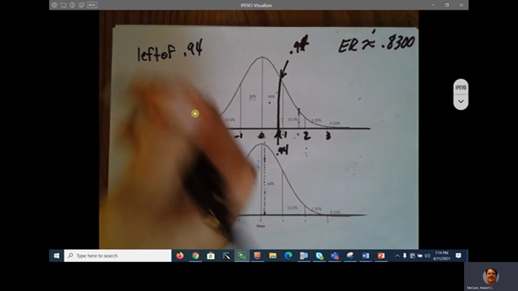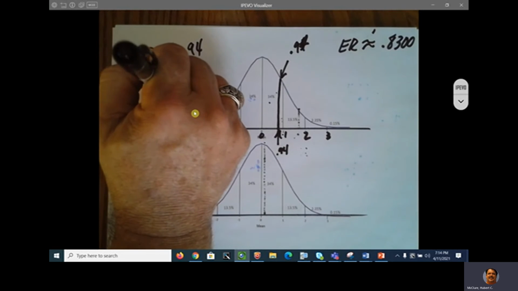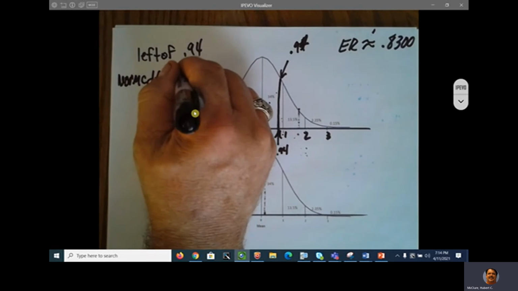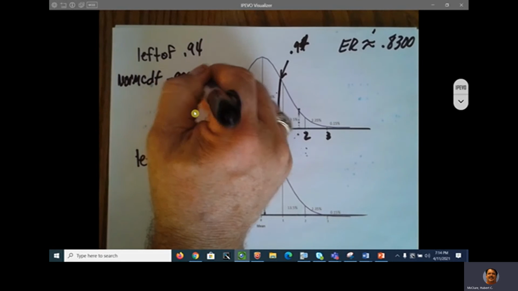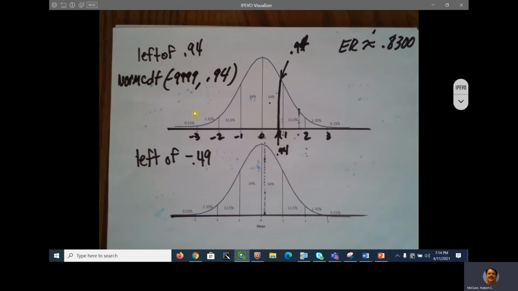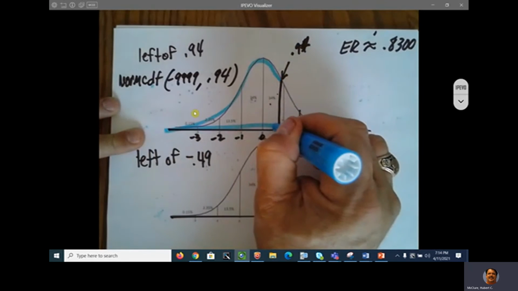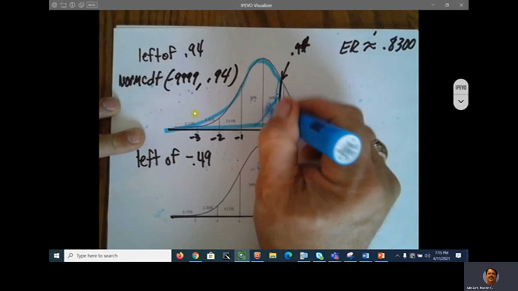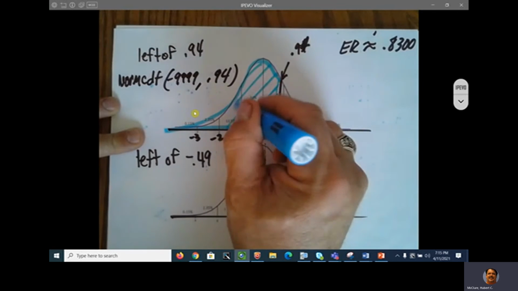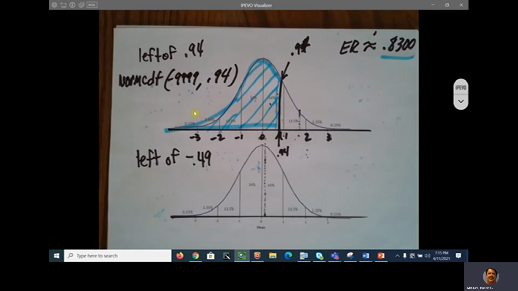So we go to normal CDF from negative 9999 to 0.94. That will be the area to the left of that black line. I say it's going to be around 0.8300 by the empirical rule.